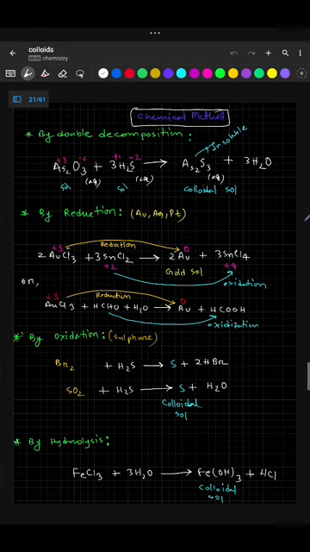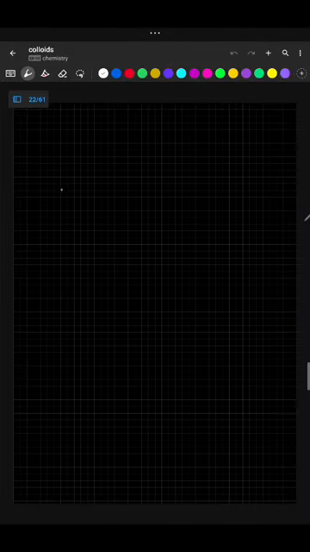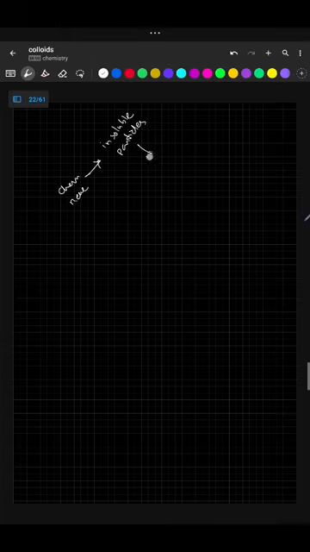So the core idea is that in the chemical method, due to the chemical reaction, if I show a bit of flowchart to you, it creates insoluble particles, and these insoluble particles later appear as a colloidal solution. So I think you have got it, it is a very basic idea. Let's get deep into it.